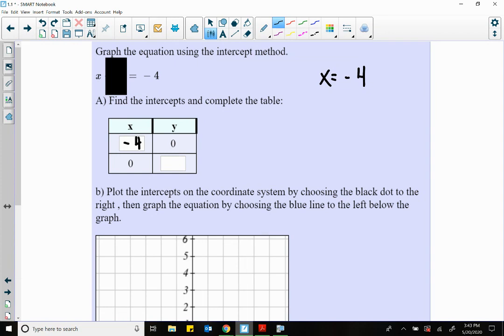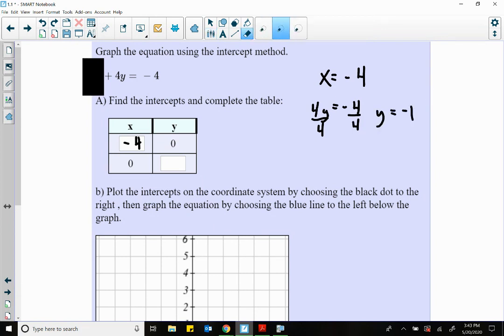Okay, and then to get your y value, cover up the x. We've got 4y equal to -4. Okay, so we're going to divide by 4. Divide by 4. Y equals -1. So now you know the y value. Oops, that's not what I wanted. -1.